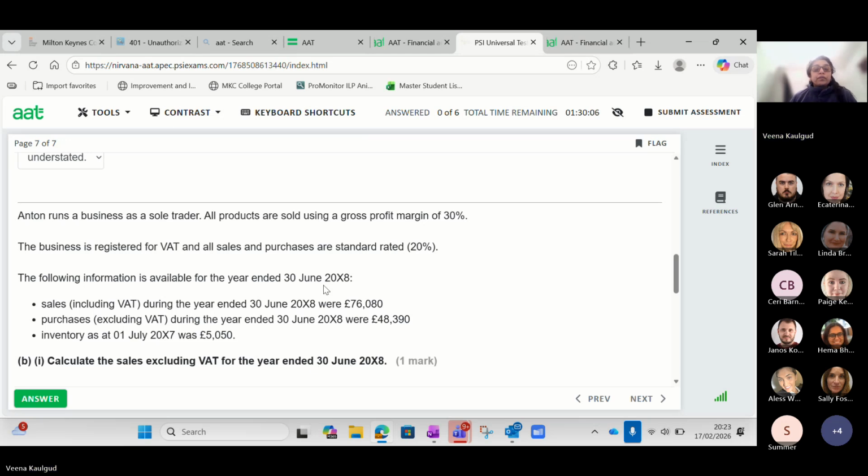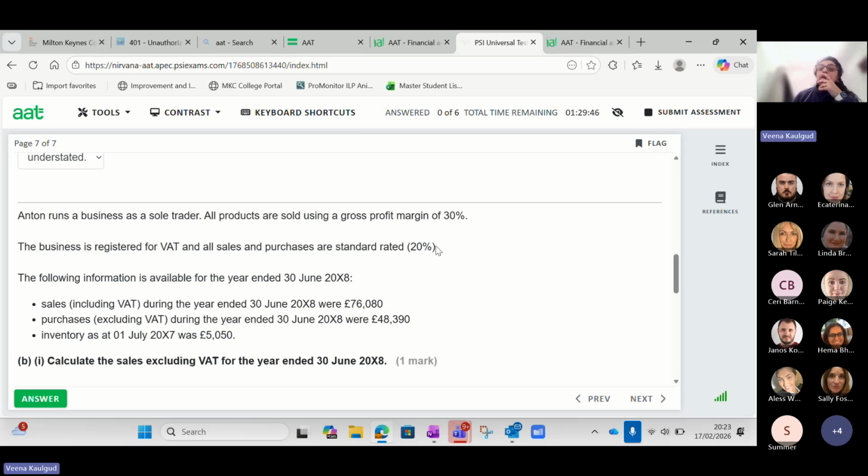All right, excluding VAT. So they have given us the figure including VAT, 76,080. Okay, the profit margin was 30, so they have not asked us for the profit anyway.